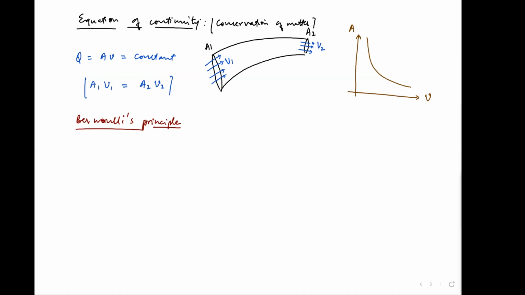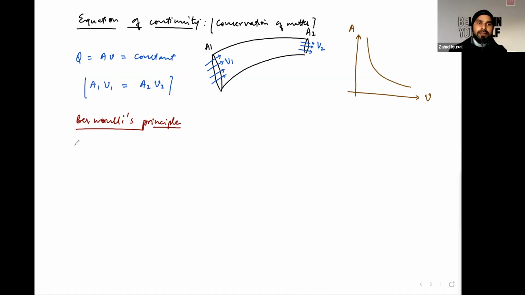For a non-viscous incompressible liquid, the sum of pressure, potential energy, and kinetic energy per unit volume should be constant at each instant.